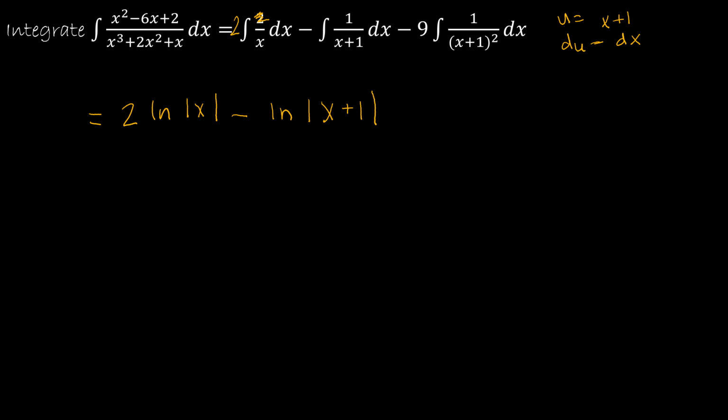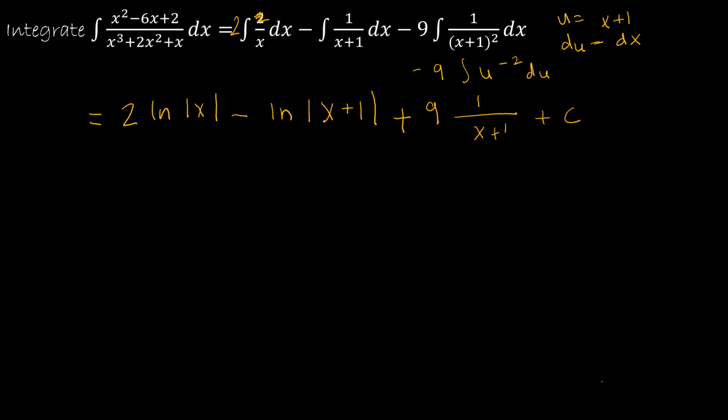And this integral can now be thought of as 9 times the integral of u to the -2 du, which means my solution is going to be 9 and then u to the -1 over -1, which makes this now a plus, and then u to the -1 would be x plus 1 as the denominator, plus c.